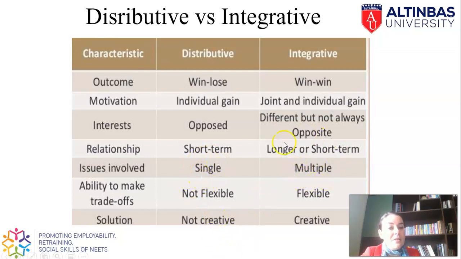In integrative negotiations, there are multiple issues considered. The ability to make trade-offs is not flexible in distributive negotiation, while it is flexible for integrative negotiations, and the solutions are not creative in distributive negotiations, but they are creative in integrative negotiations.